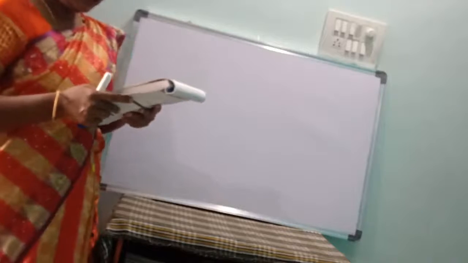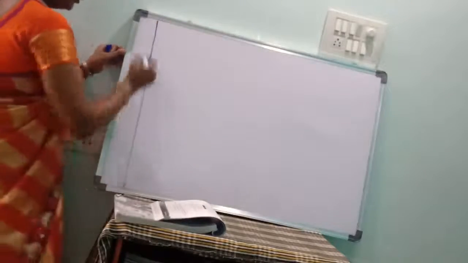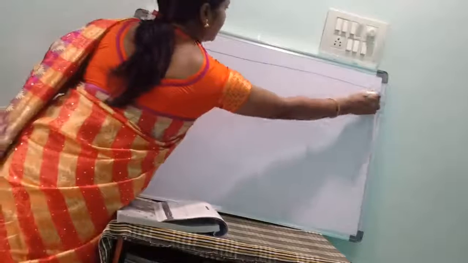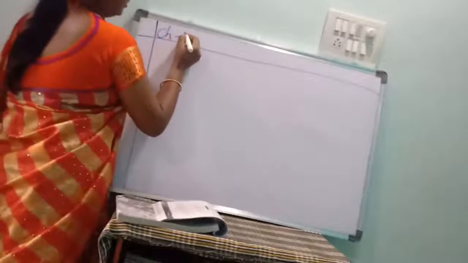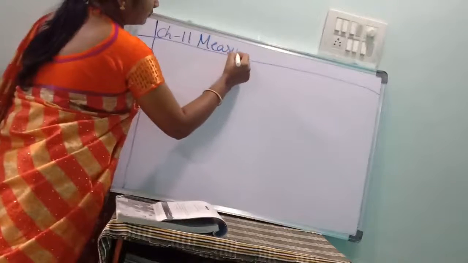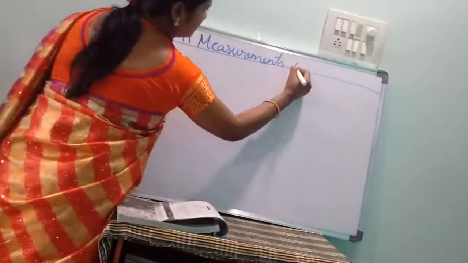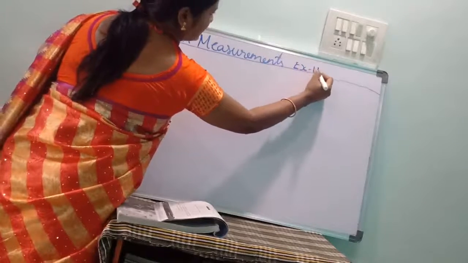The quantity of the same syrup in bottle B is 1 liter 243 ml. What is the total quantity of syrup in both the bottles? See, I told you to do it. Chapter number 11, Measurements, Exercise 11.3.